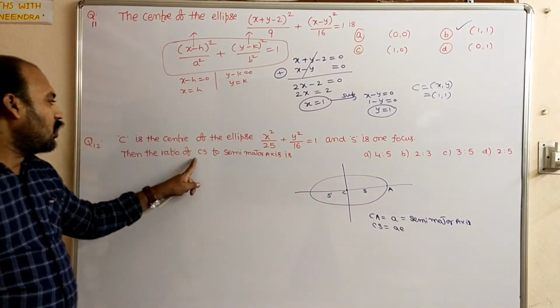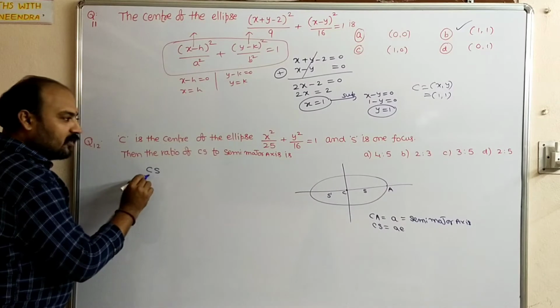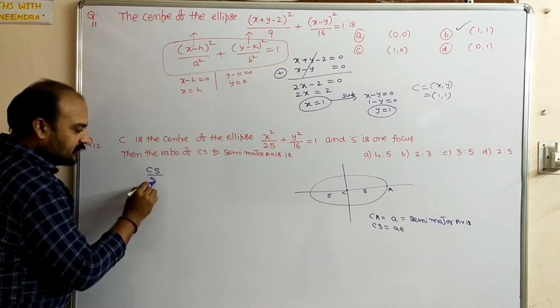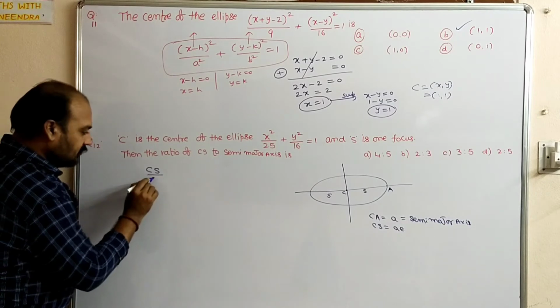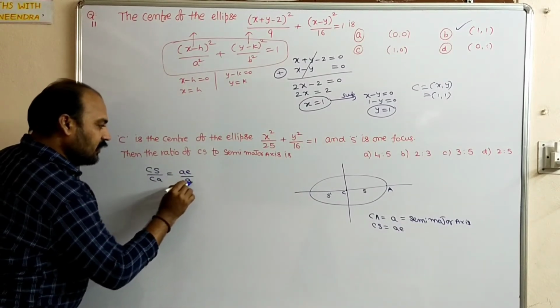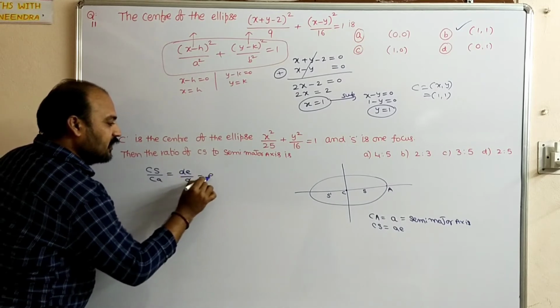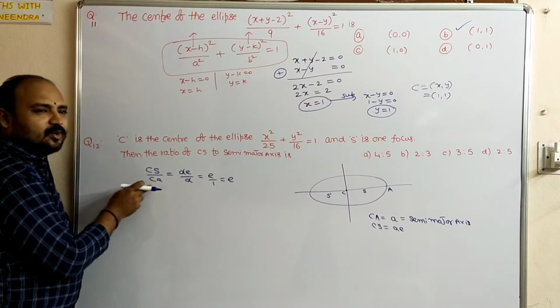The ratio of CS to the semi-major axis, CS by CA, means AE by a, a gets cancelled, e by 1, that means e. Indirectly the ratio of these two is equal to e.